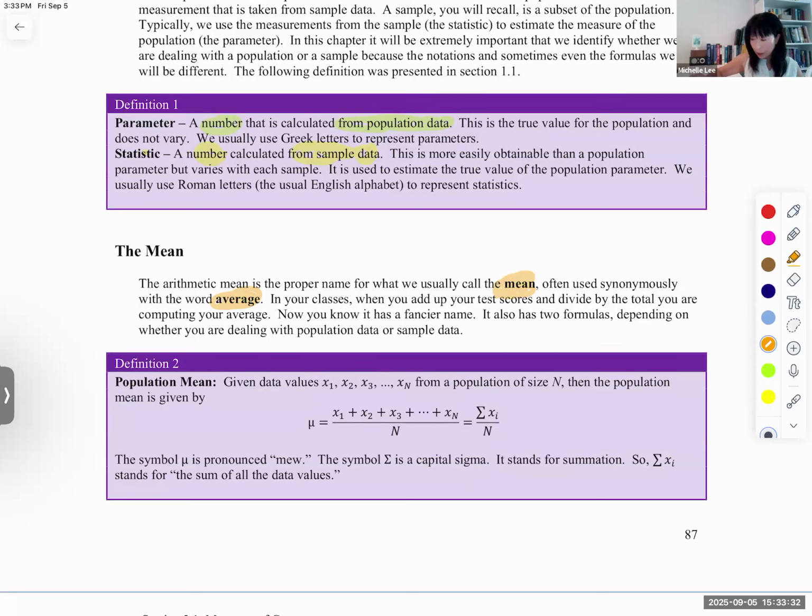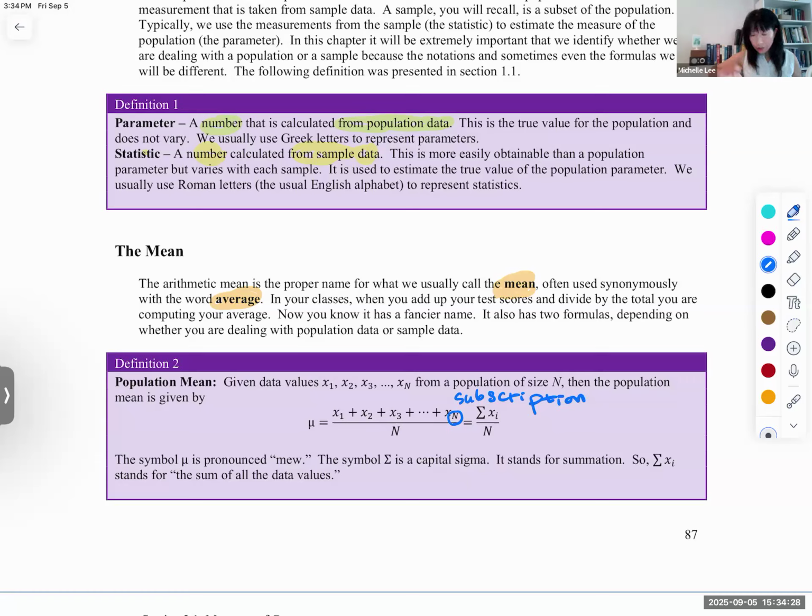We call this the index, like a subscript.